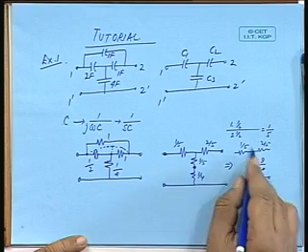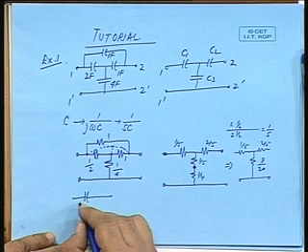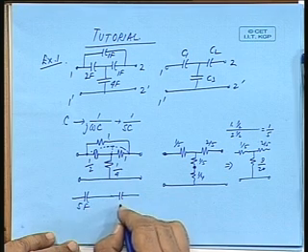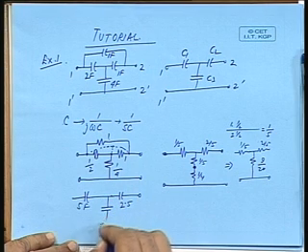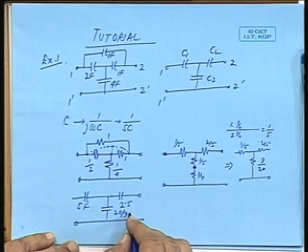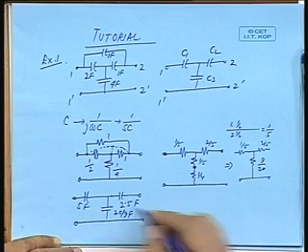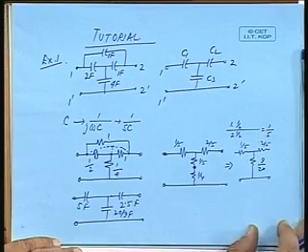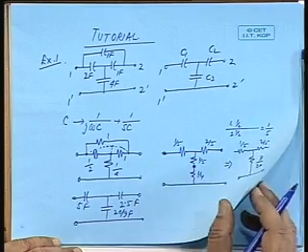So, take the inverse of these, that will give you the equivalent capacitances: 5 farads, 2.5 farads and 20 by 9 farads. So, these are the 3 equivalent capacitances. It is so simple.